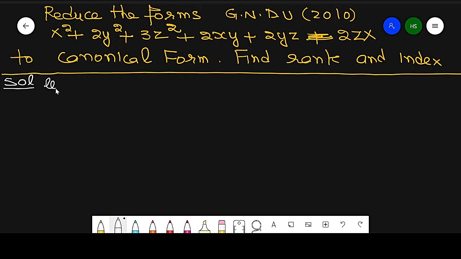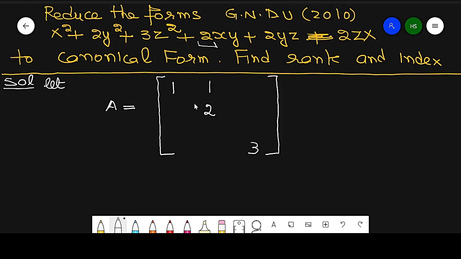First find the corresponding matrix of this quadratic form. The diagonal entries are 1, 2 and 3. First row, second column: 2 divided by 2, which is 1.